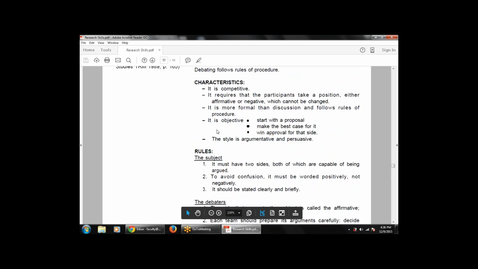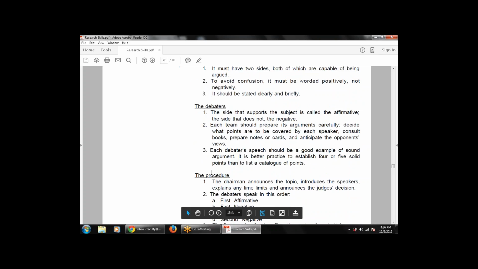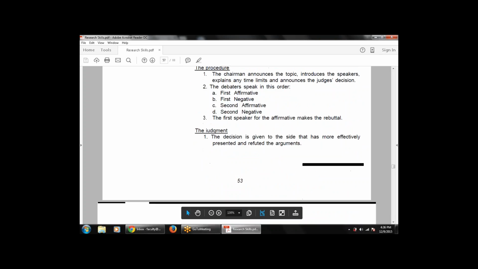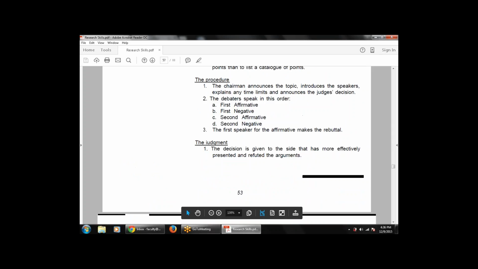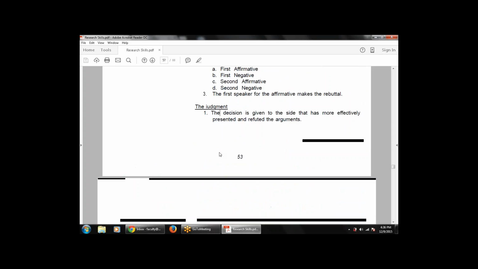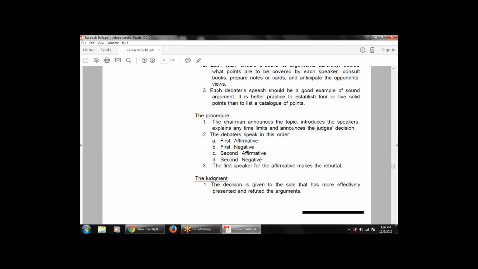So these are the various parts: the subject, the debate procedure, then the judgment. The decision is given to the side that has more effectively presented and refuted the argument.